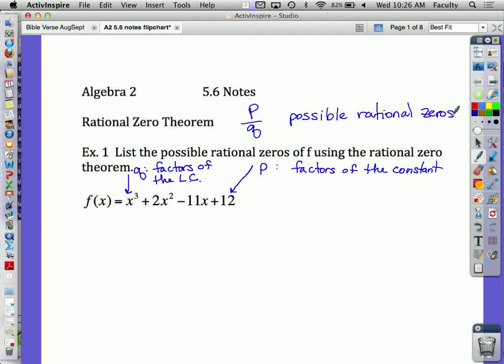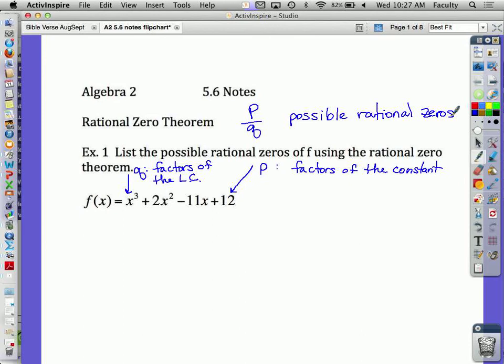So 5 is rational because I can write it as 5 over 1. But so is 1/4. And terminating decimals, like 1.5, is 3 halves. I know how to convert all terminating decimals to fractions. But it's anything that can be written as a fraction. And then what's a zero? It's an x-intercept or a solution, right?